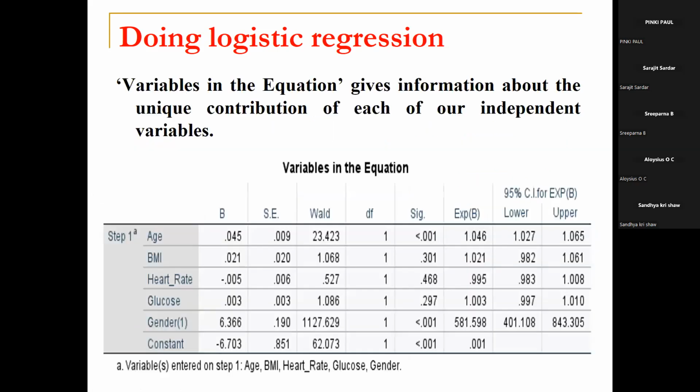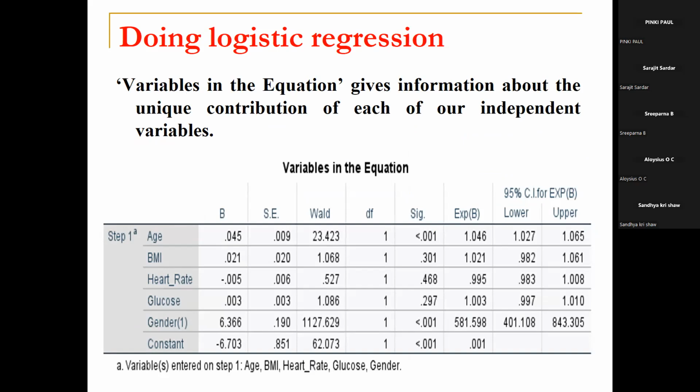But like in linear regression, even though the model is a good fit, all the independent variables may not equally influence the dependent variable. In the same sense, in logistic regression, we have to find out which variables have a significant influence on the dependent variable.